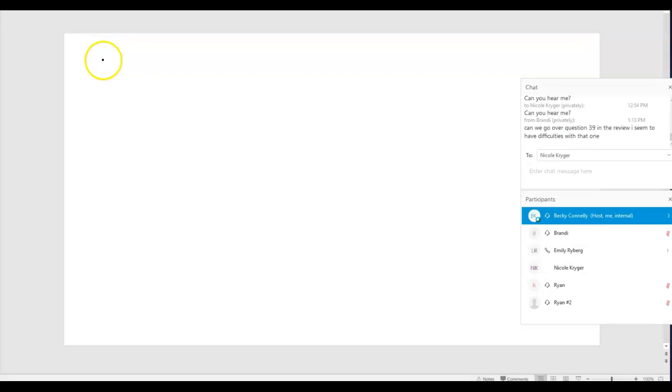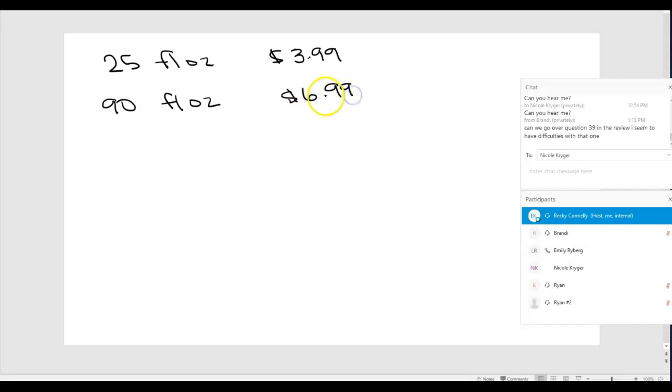So let's try this. If we have 25 fluid ounces of detergent for $3.99, and we also have a choice of a 90 fluid ounce container of the same detergent for $6.99.